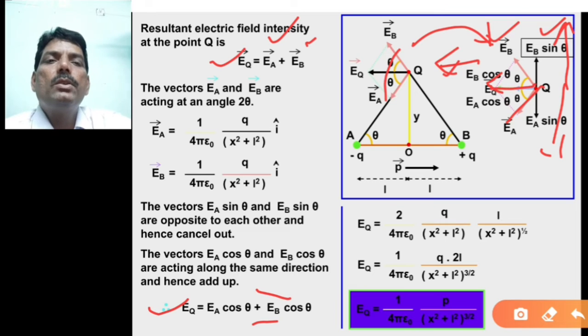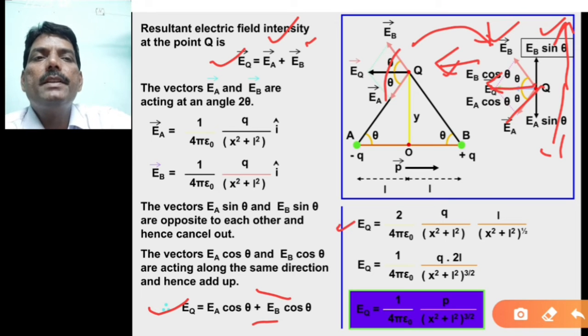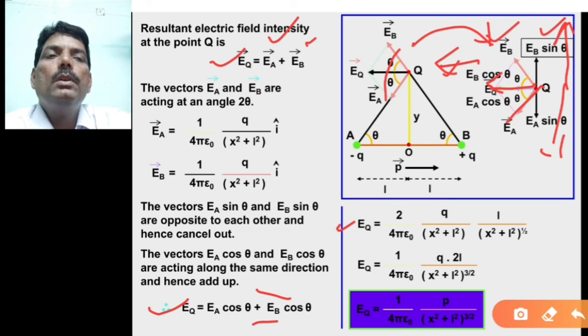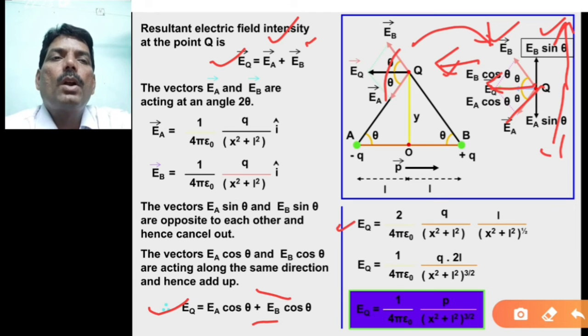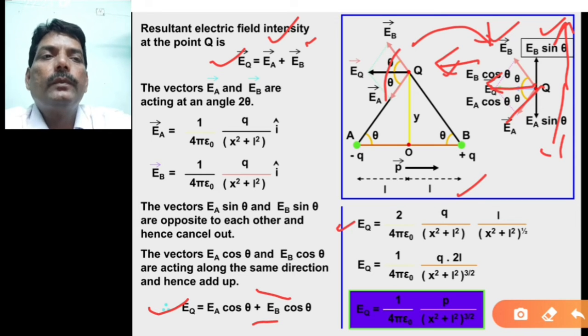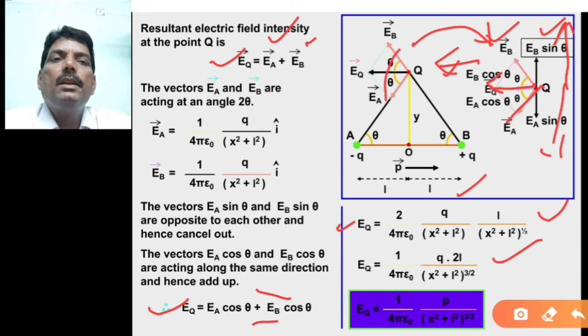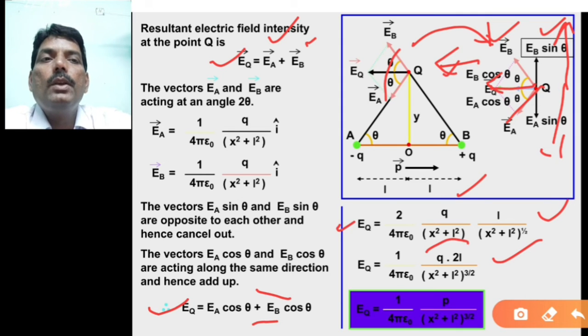By adding these two, you will get electric field intensity equal to 2 upon 4 pi epsilon naught, Q upon x square plus L square into L upon x square plus L square raised to 1 by 2. After solving, you will get the resultant electric field intensity 1 upon 4 pi epsilon naught, Q into twice L upon x square plus L square raised to 3 by 2. Just solving this equation, you will get it in this form.